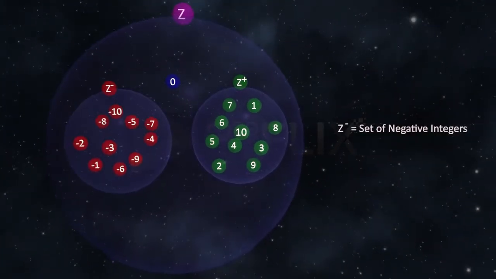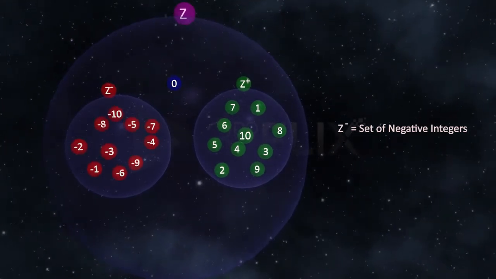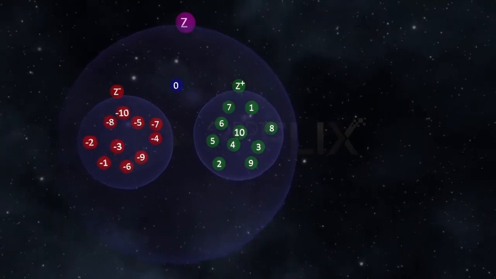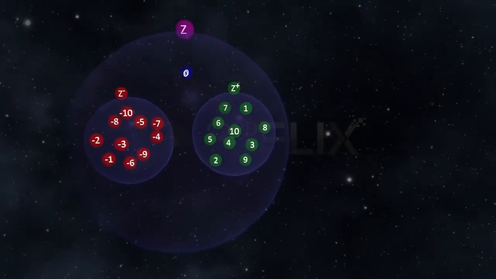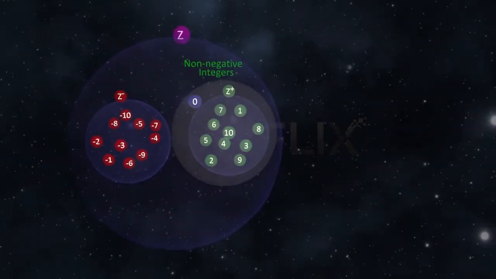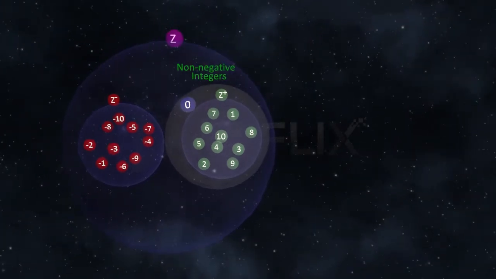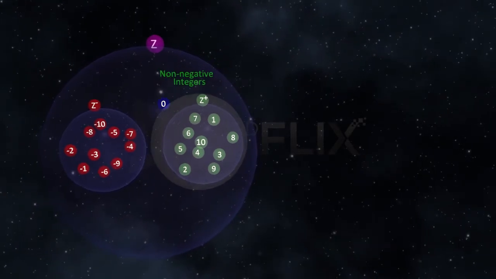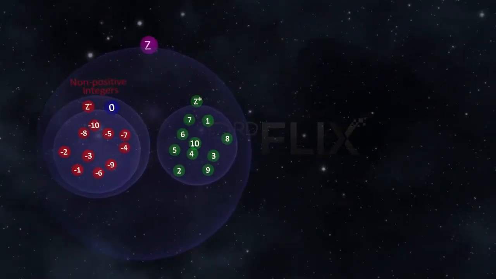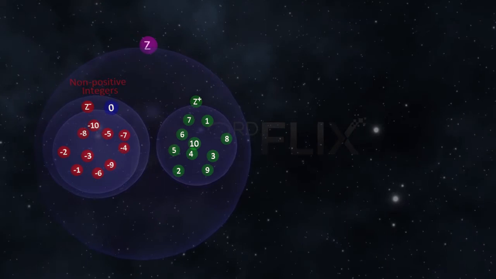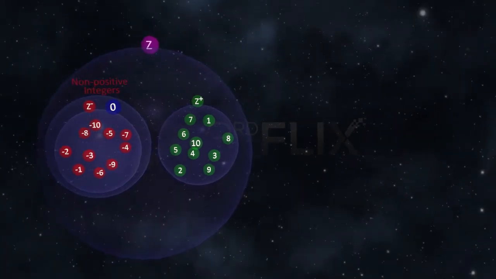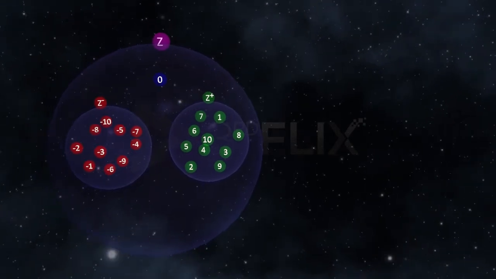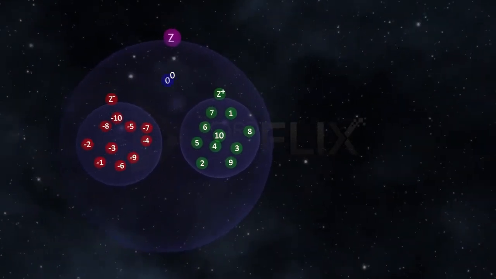Z minus equals the set of negative integers equals the set of ..., -3, -2, -1. The set of non-negative integers equals 0, 1, 2, 3, and so on. The set of non-positive integers equals 0, -1, -2, -3, and so on. 0 is neither positive nor negative.